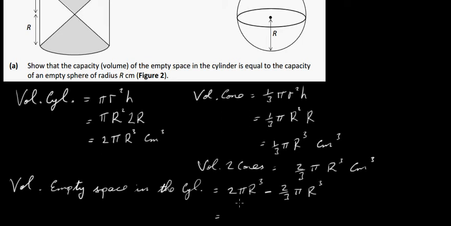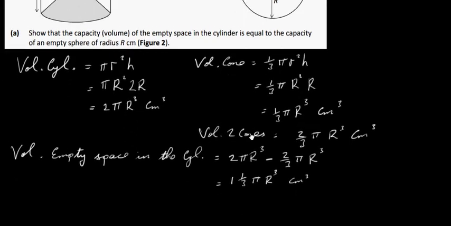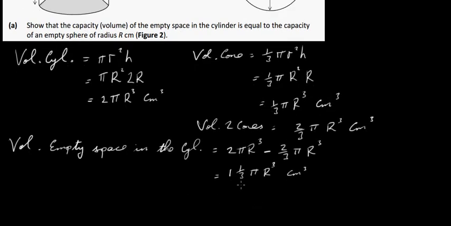So 2 times pi r cubed minus 2/3 pi r cubed is just 1 1/3 pi r cubed, centimeters cubed. Now I'll just rearrange that fraction there. So we'll just call this 3/1/3. That's going to be 4/3 pi large r cubed centimeters cubed. So this is the volume of empty space in our cylinder up here.